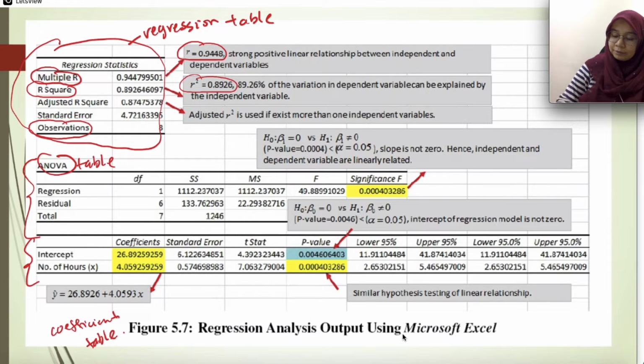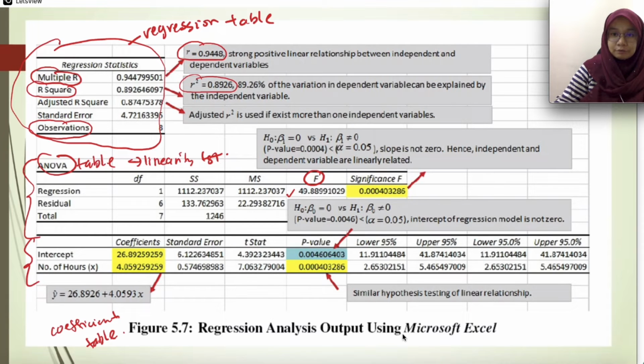So, from the Anova table, what information can we get? We can do the linearity test using the Anova table. This one is your F test, 49.889. You can use this F test to conduct the linearity test.